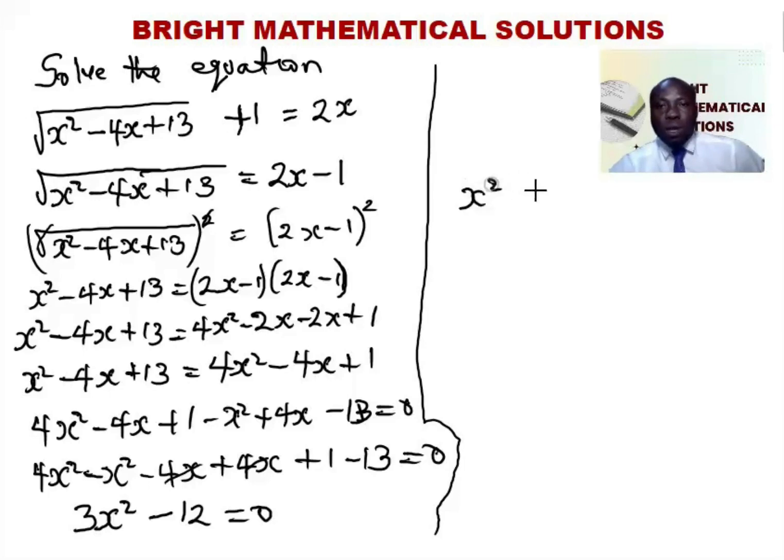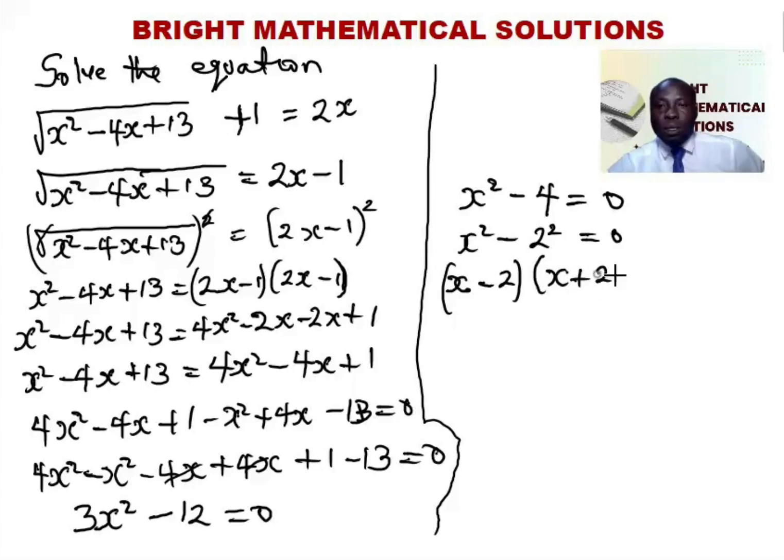Therefore, this becomes x squared minus 4 equals 0. Now we can write this as a difference of two squares, that is x squared minus 2 raised to power 2 equals 0. Therefore, this can become x minus 2 and x plus 2 equals 0.